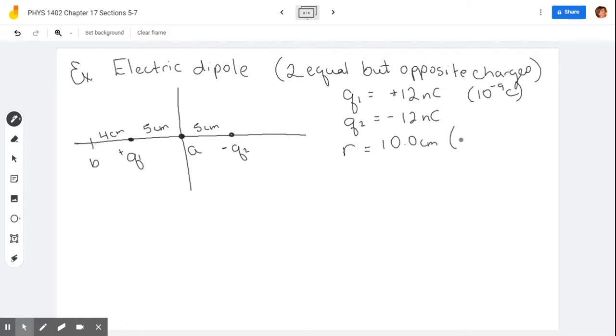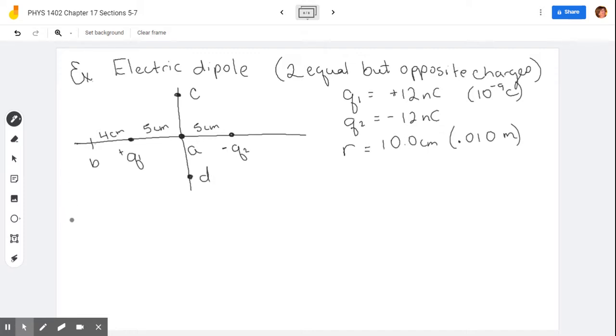If we write that out, that's 0.010 meters. And of course, A is at that halfway point. There's also a couple more points. There is a point C up above and D down below, but they don't give us distances. They're just going to ask us about direction there.